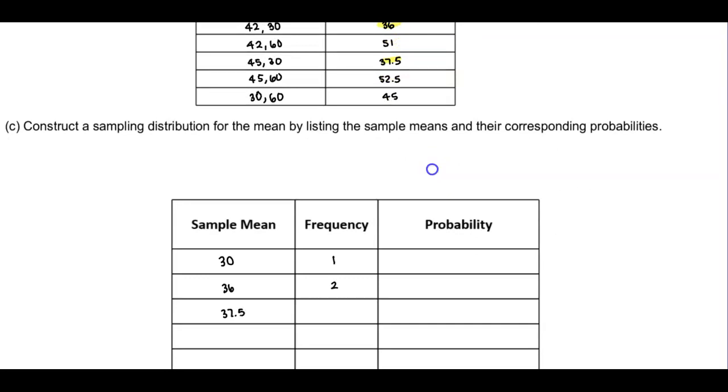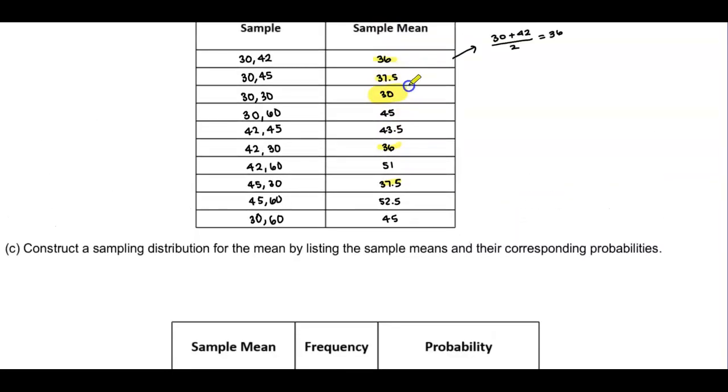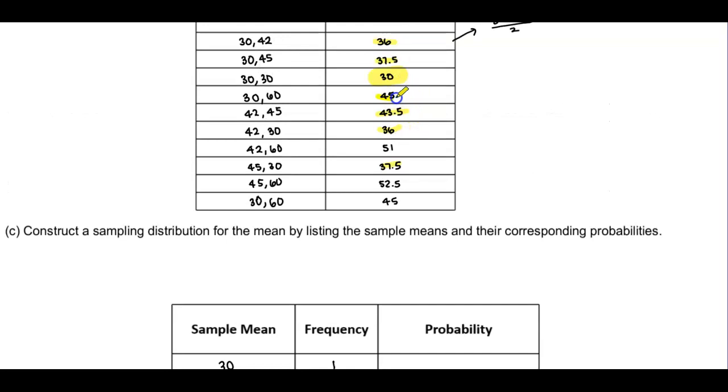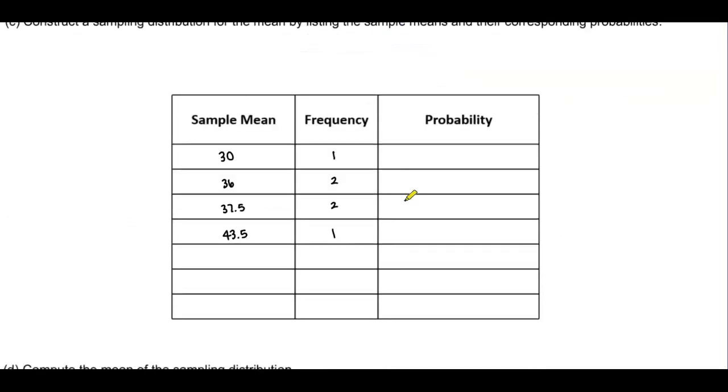The next number in ascending order is 43.5, and there's only one of them. Then the next number is 45, and there's two of those.